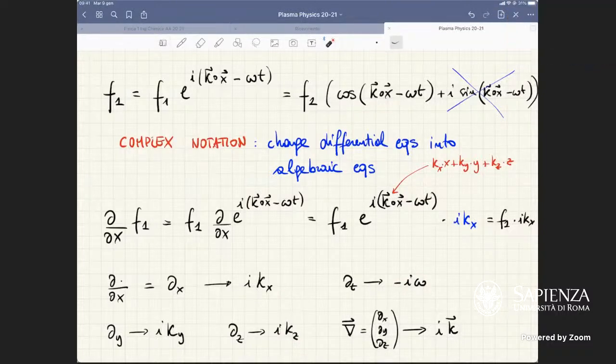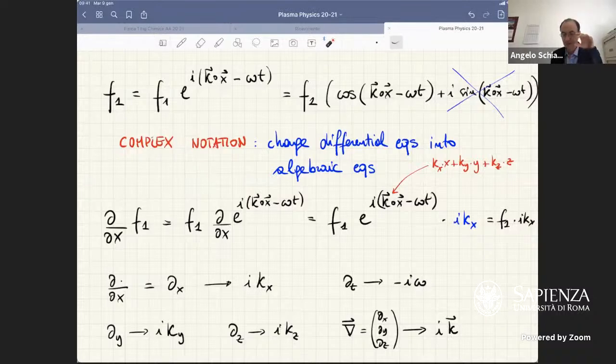Then, to conclude this topic, we have to stress that we are using the linear theory, and linear means that we retain only terms which are of first order in the perturbation, in the expansion or product of quantities.